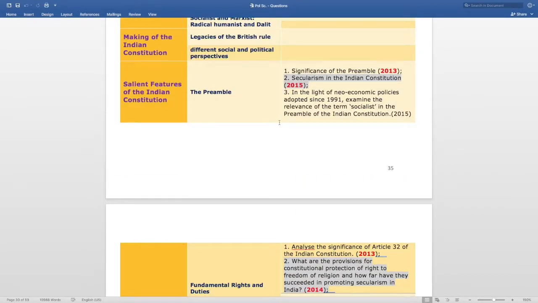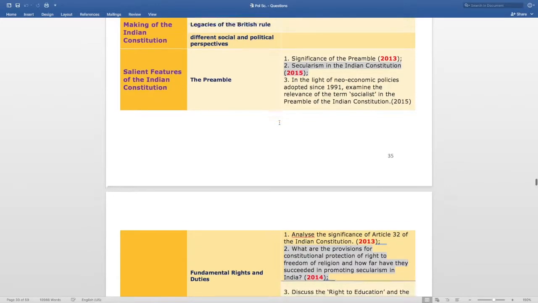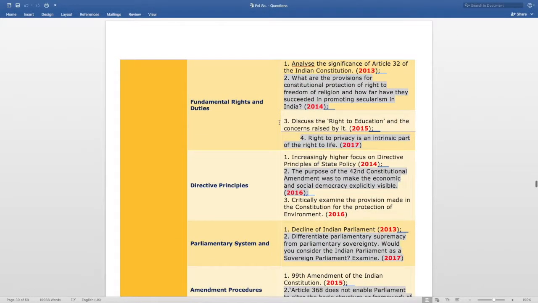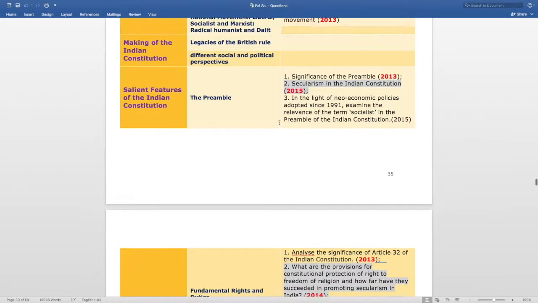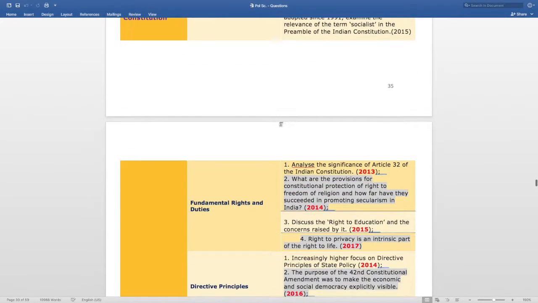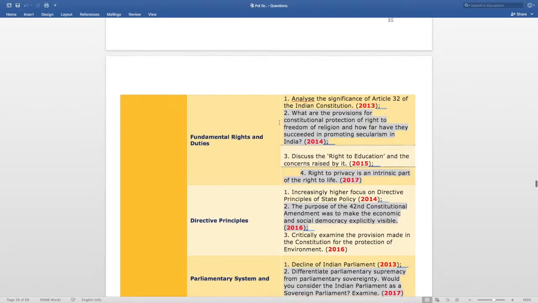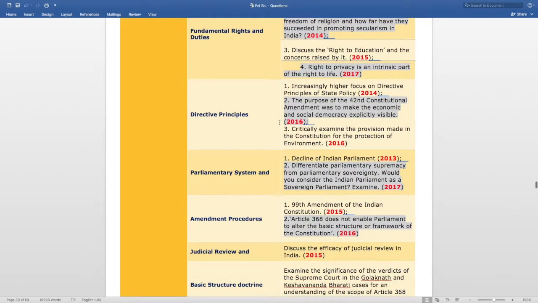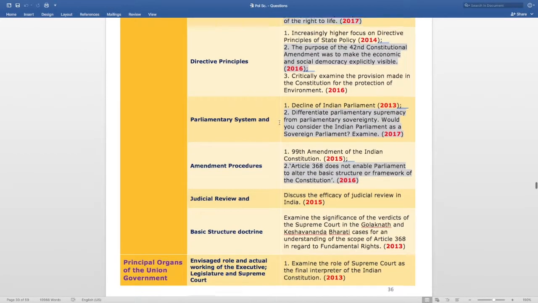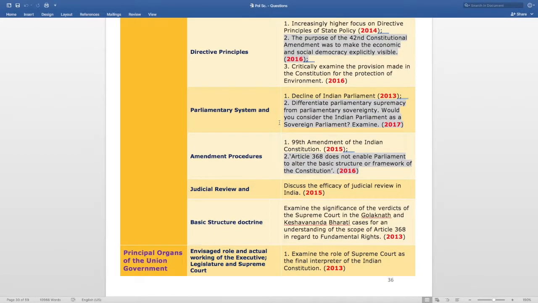Now, the next topic is the salient features of the Indian Constitution. This is another important topic, where you can see every year one or two questions being asked from this section. This topic is further categorized as the preamble, fundamental rights and duties, directive principles, parliamentary system and amendment procedures, judicial review and basic structure doctrine.